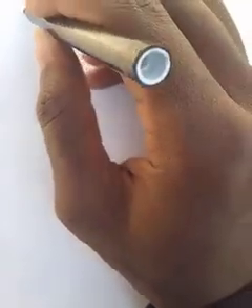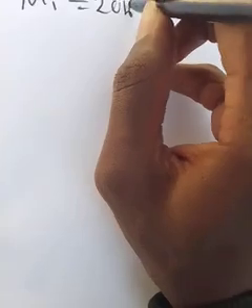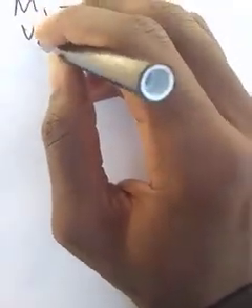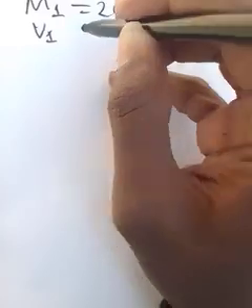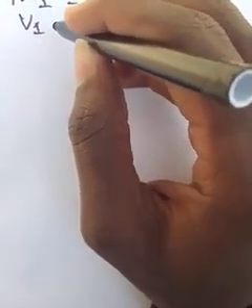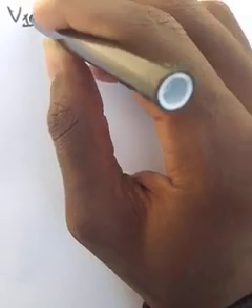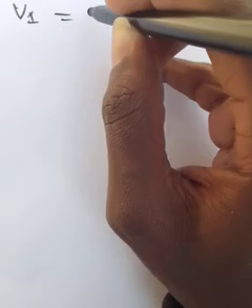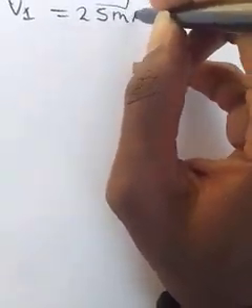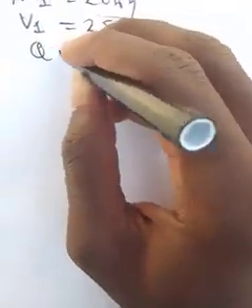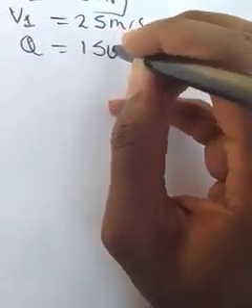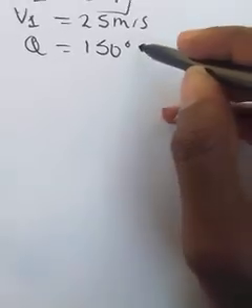They want us to find the x and y components. So what you're going to do is this. We have the first object, mass 1, 20 kg, and the velocity, which is the initial velocity, is 25, and the angle is 150 degrees.